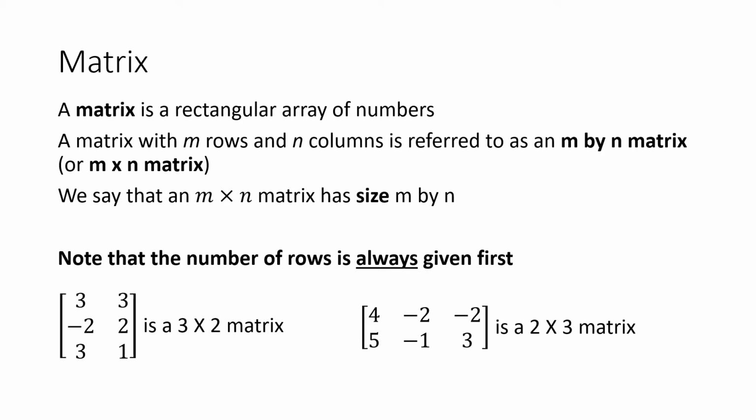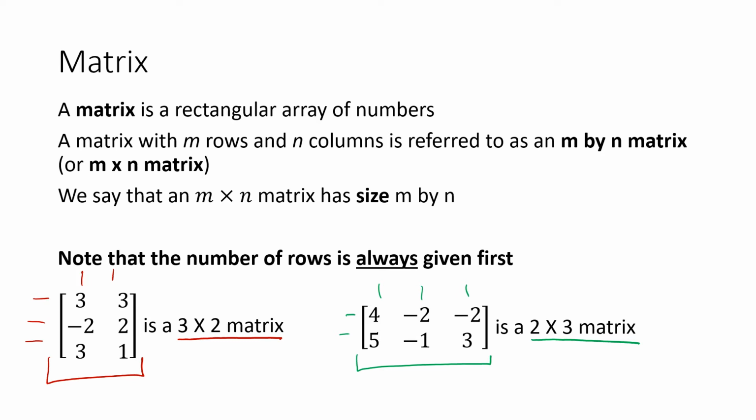We can talk about the size of a matrix. The size of a matrix is the number of rows by the number of columns. So for instance, this matrix has 3 rows and 2 columns, so we say it is a 3 by 2 matrix. The second one over here has 2 rows and 3 columns, so it is a 2 by 3 matrix.